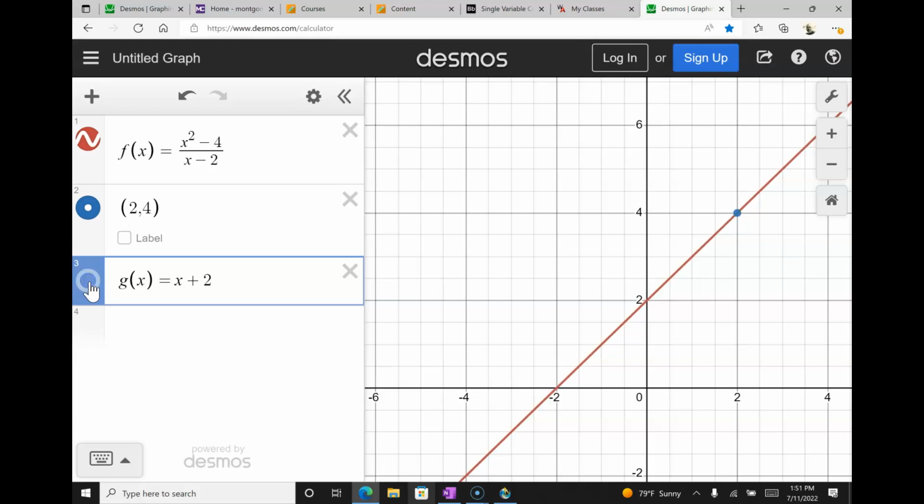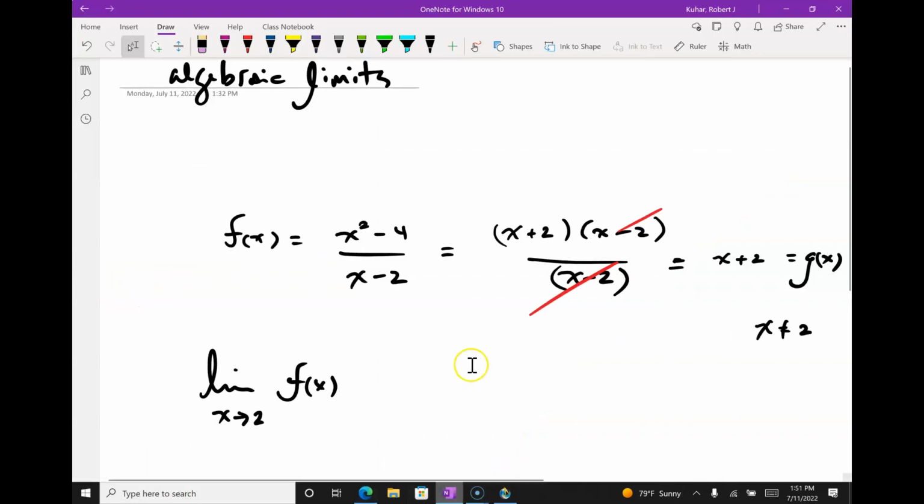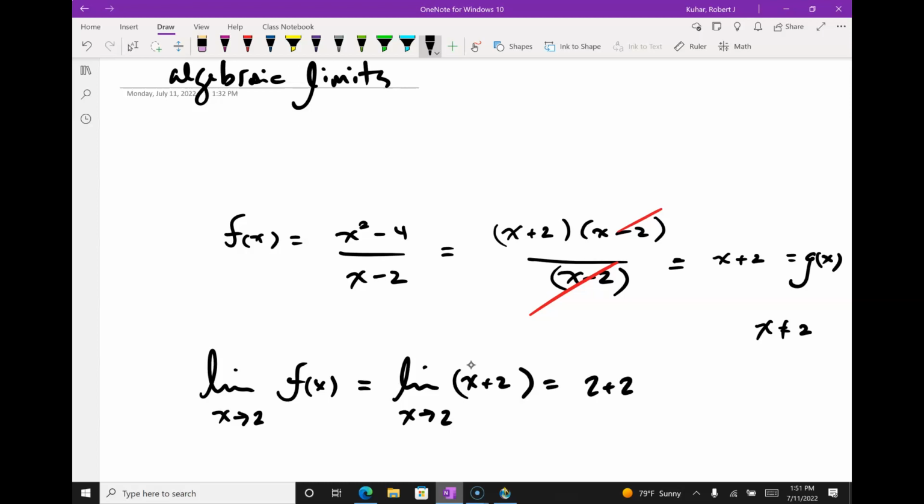Can you see any difference? Hello? No, right? So this is now going to equal the limit as x goes to 2 of x plus 2, which is just 2 plus 2, which is 4.